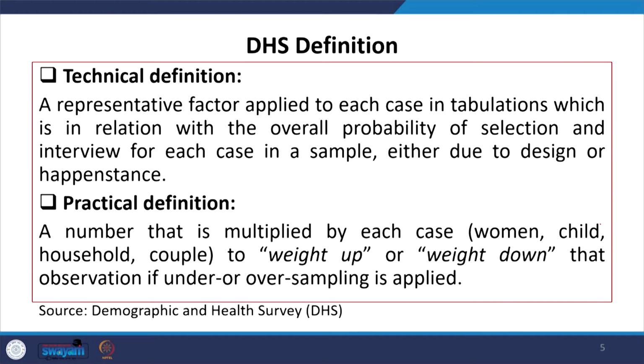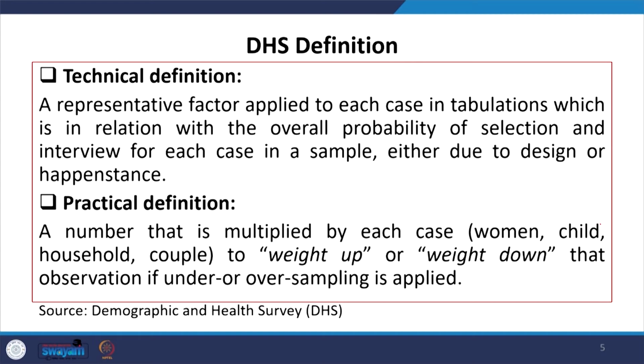So, the technical definition as per the DHS is a representative factor applied to each case in tabulations, which is in relation to the overall probability of selection and interview for each case in a sample, either due to design or happenstance. Okay, so these are technical definitions.